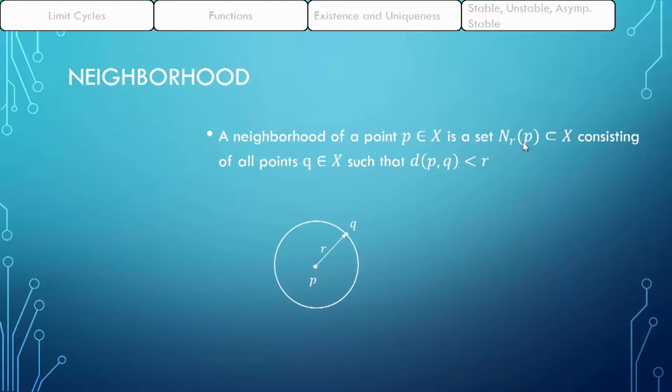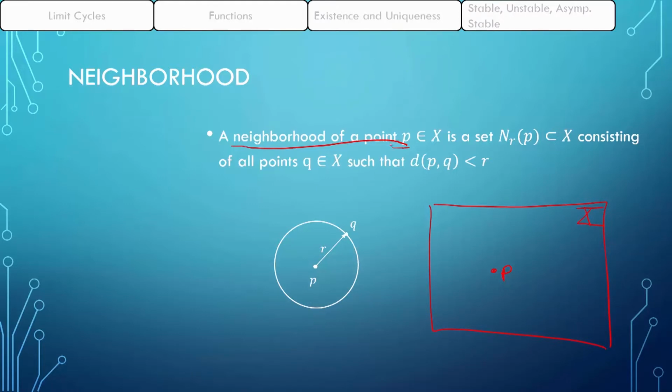start step by step. So given a point P, let's say P here, P belongs to a set X. In this area, we say it's capital X, okay? P is in this set.